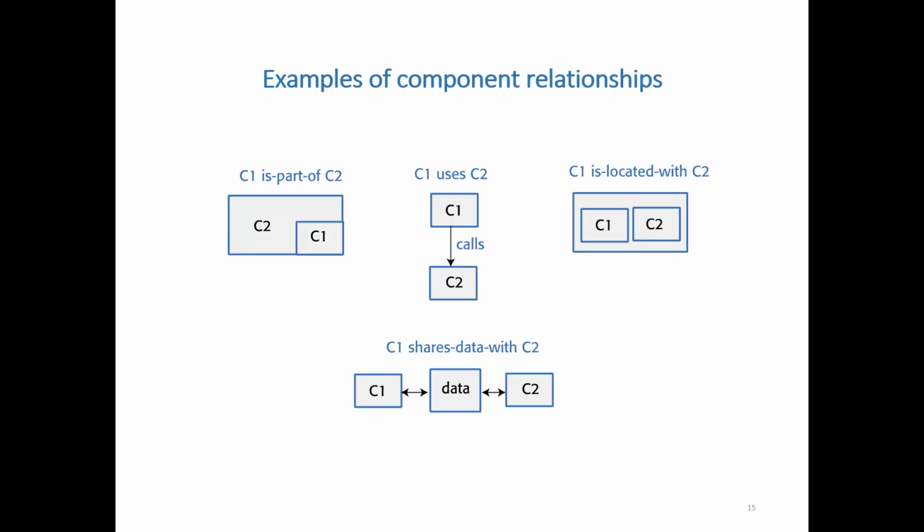And finally, we have C1 shares data with C2. This kind of relationship can be risky if both components depend on the same data, maybe a shared database table or a config file. That creates tight coupling. If the data changes, both components may need to adjust.